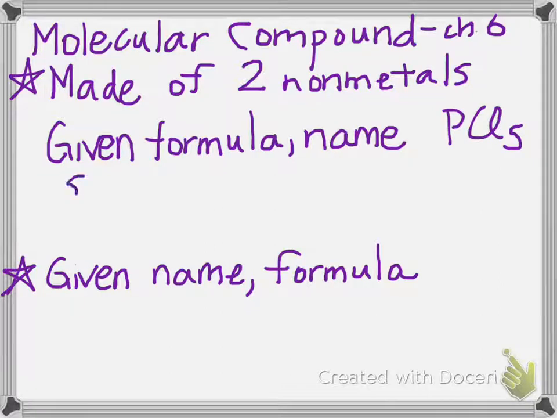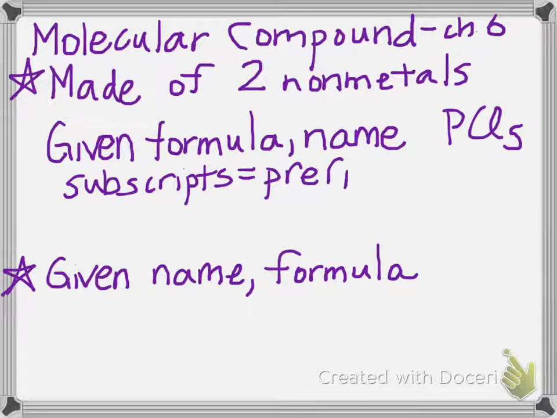So remember we said subscripts equal prefixes. Now again, you don't have to have those prefixes memorized. You have your helper sheet and it has the prefixes on there. Okay, so our subscripts become prefixes and our second element has to end in "ide."